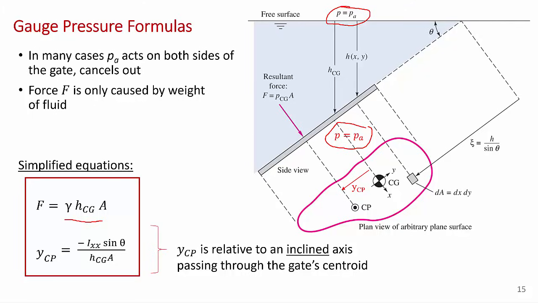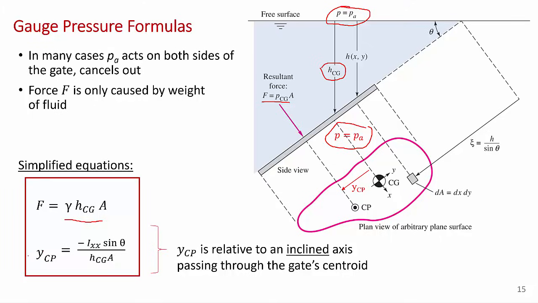But if it's just the weight of the fluid, then the hydrostatic force on this gate is just the gamma of the fluid, usually water, times the depth of the center of gravity, how far down you have to go in the fluid to get to the center of gravity, times the plan area of the gate.